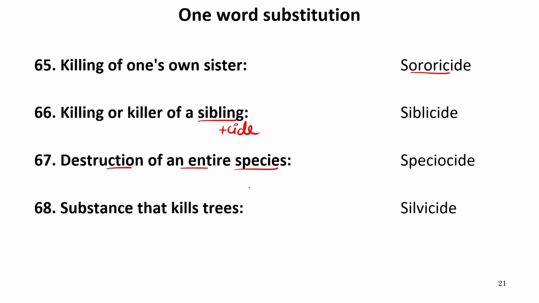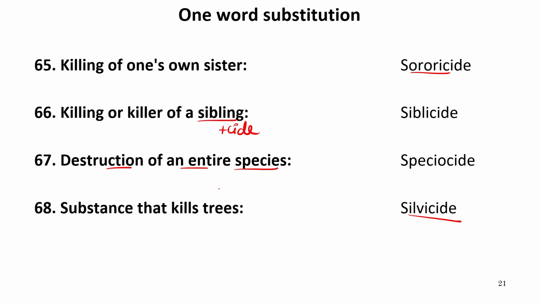Now, in genocide, we learned of a group or of the same caste or of the same religion or of the same race, but it is written destruction of an entire species of something, that is known as speciocide. So here we are using the term species, so specio from this word, and we are adding just the suffix side.